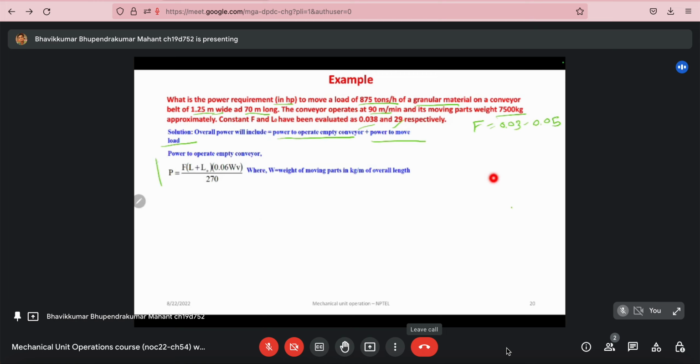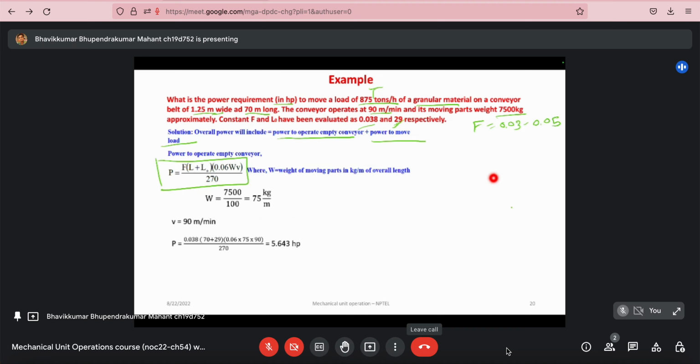This is the common equation we use for the empty conveyor, and we have all values: F is 0.038, L0 is 29, the capacity in tons is there, the length is there, the weight W is there, and the velocity, or speed, is there.